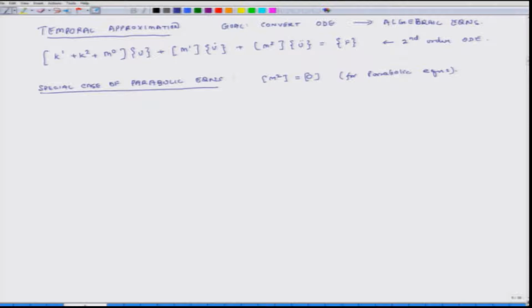The other thing we will do is go one more special case, where the equation is not only parabolic, but K2 is also 0. Further special condition, we are assuming this.